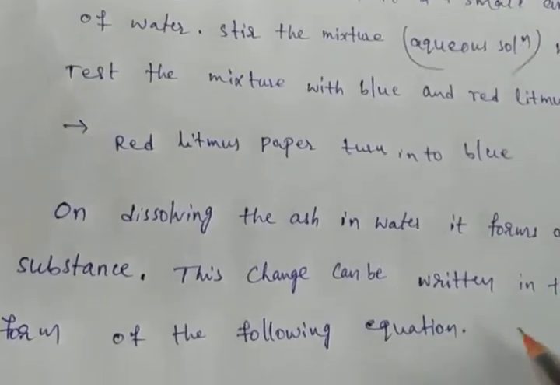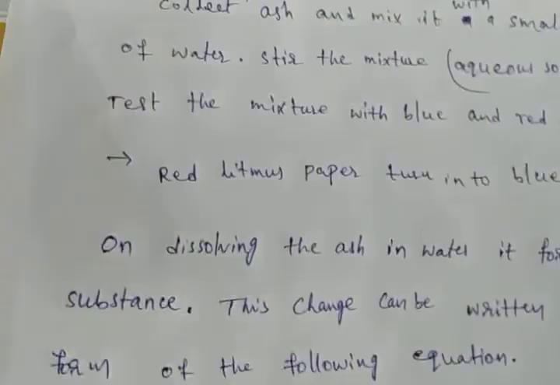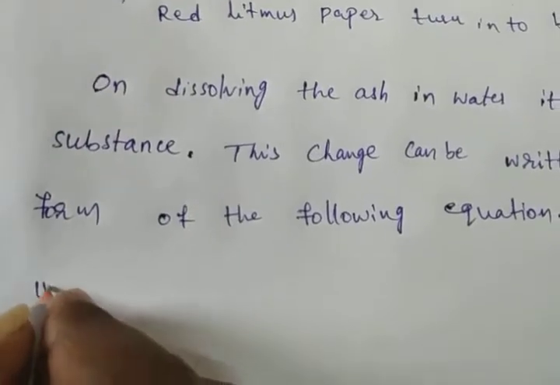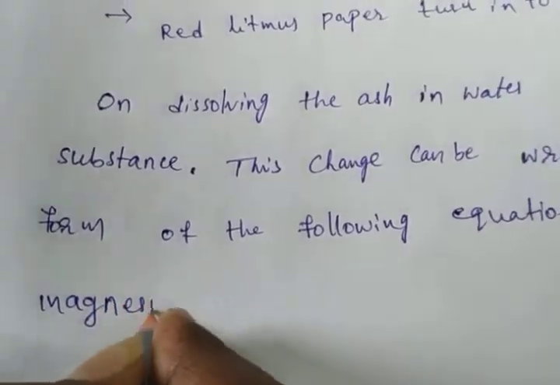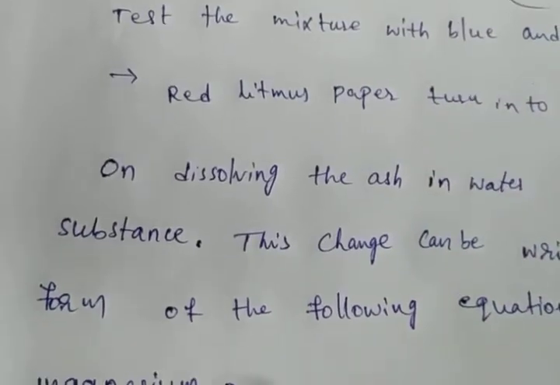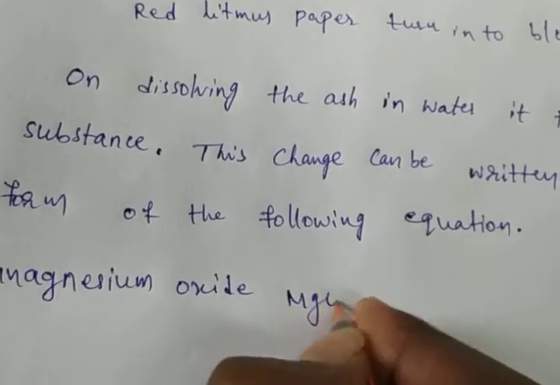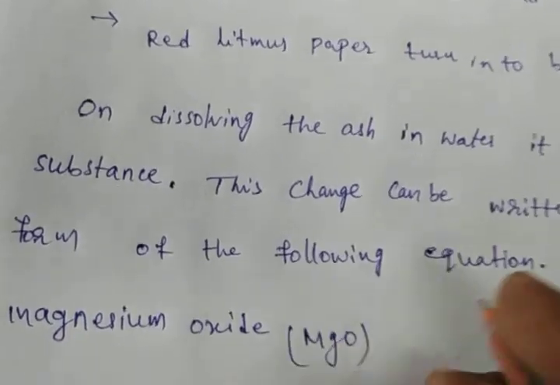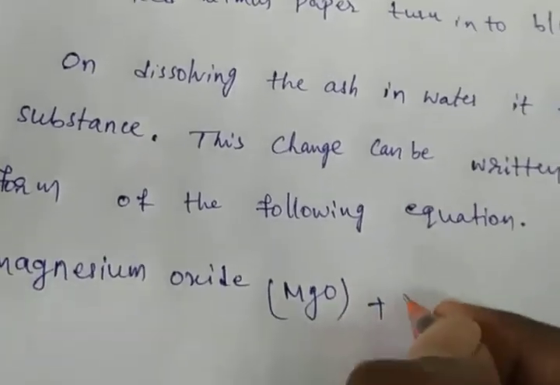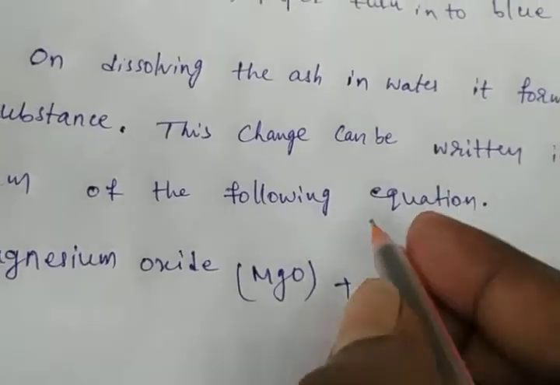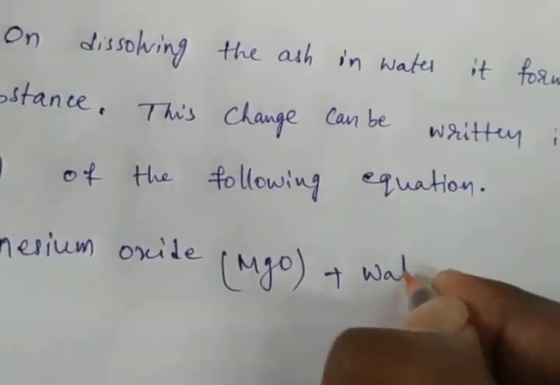What is that equation? Here magnesium oxide, formula MgO. Okay, what we did: magnesium oxide is mixed with a small amount of water.